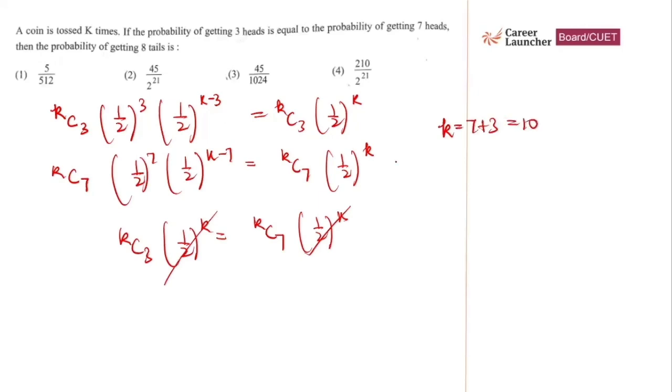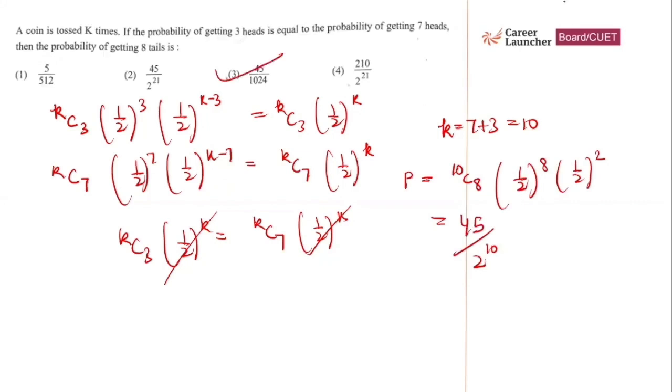So k is 10. Now the probability of getting 8 tails when the coin is tossed 10 times is 10C8 (1/2)⁸ (1/2)², which is 45 upon 2^10. So option 3 is your correct answer.